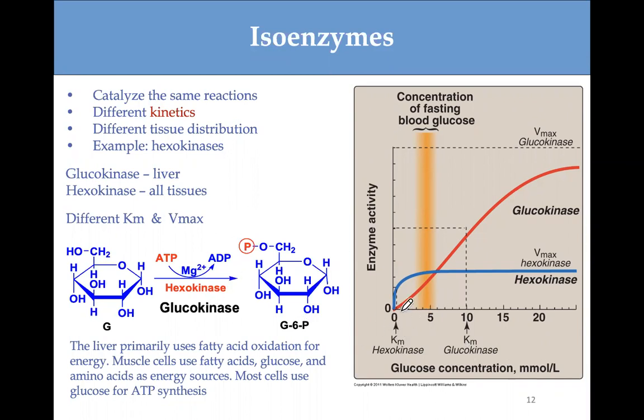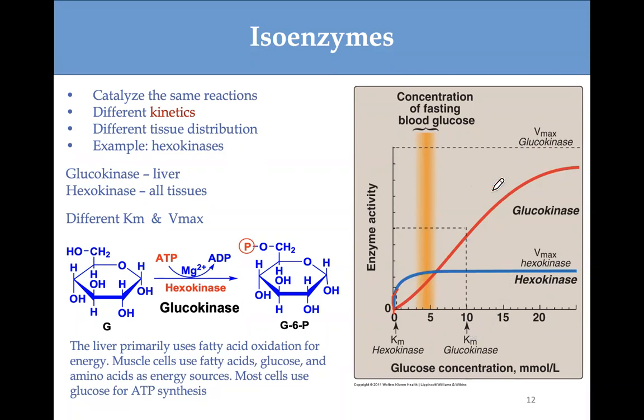So that means even with a small amount of glucose in our blood, hexokinase can still work and take this glucose in any tissue, in any cell, and convert it to ATP to get energy. However, glucokinase cannot do that unless we have a higher amount of glucose in the blood, because it has low affinity, so it can't take any tiny amount.